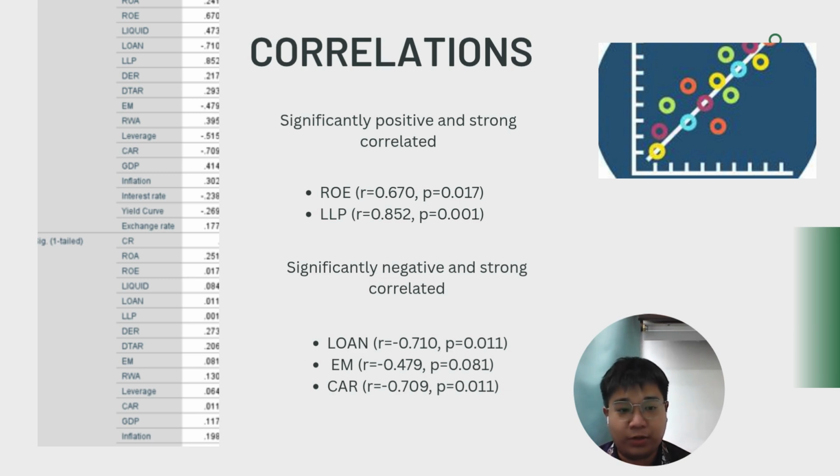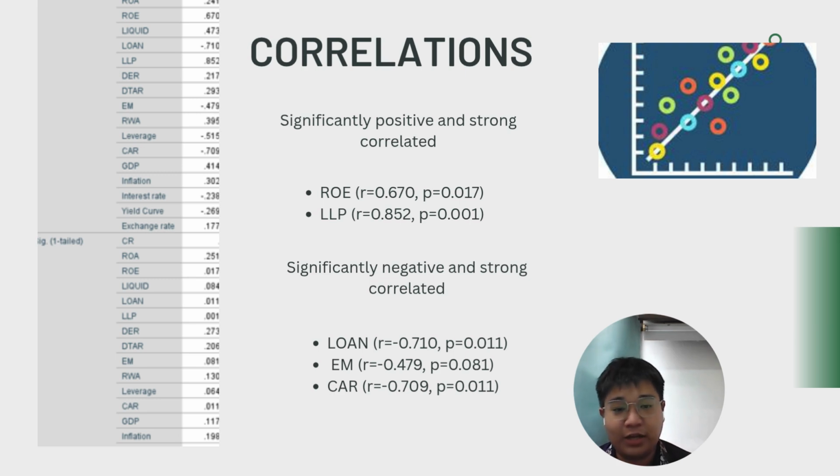This means that when credit risk increases, banks tend to set aside more provisions for potential loan losses. ROE shows a positive and significant relationship where R equals 0.670 and P equals 0.017, indicating that higher returns may be associated with higher credit risk, possibly due to riskier lending strategies aiming for higher profits.